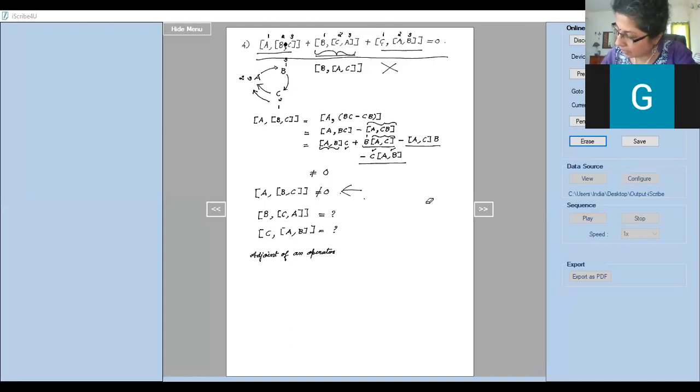So basically, if A is an operator, then the adjoint of A is written as A dagger, right? I hope you all remember this. And how do you essentially define this? As I told you, in the Dirac bracket notation, we could write it like this, correct? Just one second.